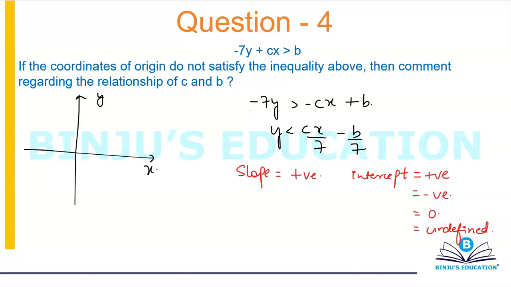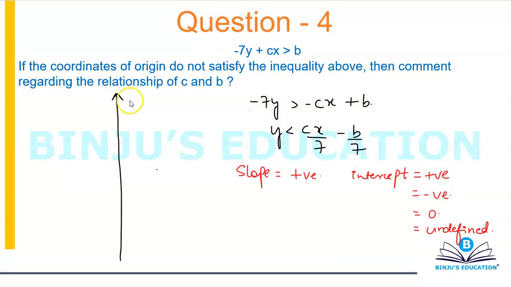Now what I'm going to do is I'm going to draw all the 4 cases. Let me make this x and y axis a bit bigger one. Okay. So when slope positive, intercept positive, my line would be something like this.